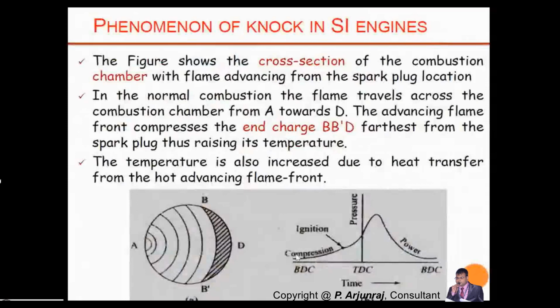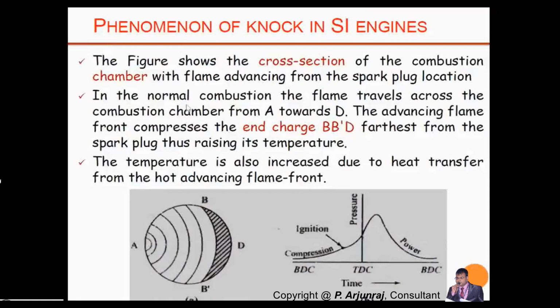It consists of the ignition, and then once the ignition starts, you have some delay, and after the delay your pressure gets built up, and expansion occurs.